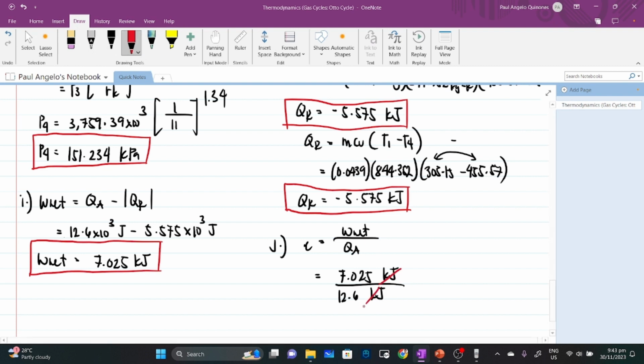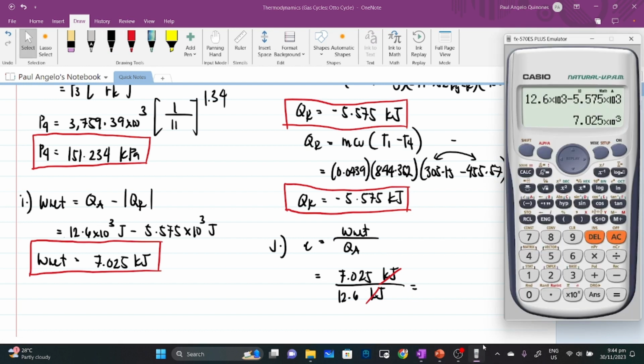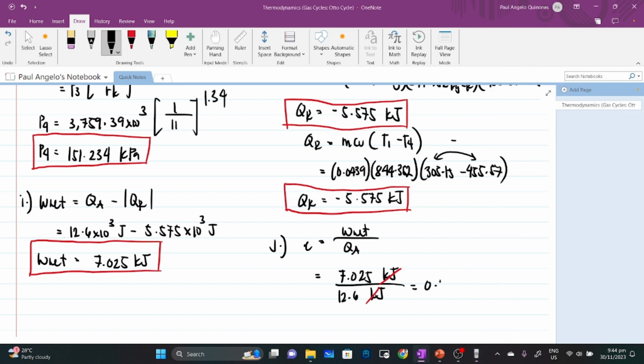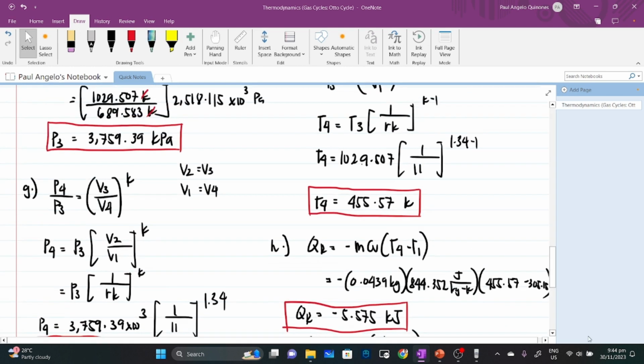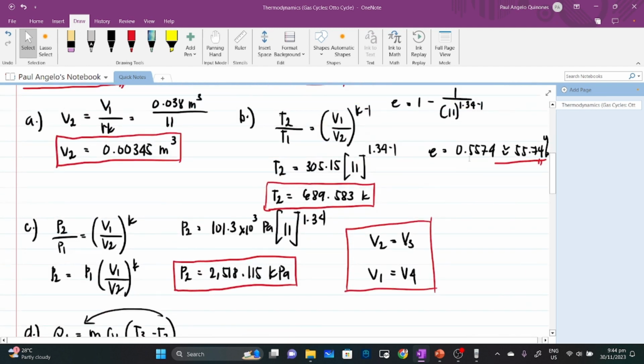The kilojoules will cancel, leaving us with the efficiency, 7.025 divided by 12.6, that is 0.5575, or approximately 55.75% efficiency. Let's verify it with the answer that we had earlier using the simplified equation, that is 0.5574 or 0.5575.